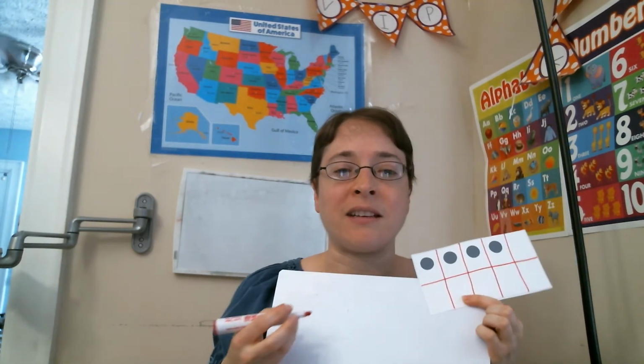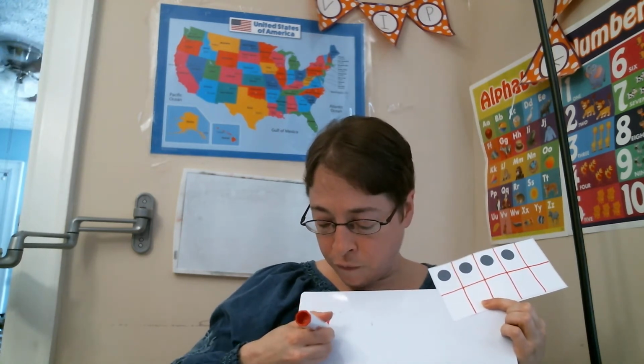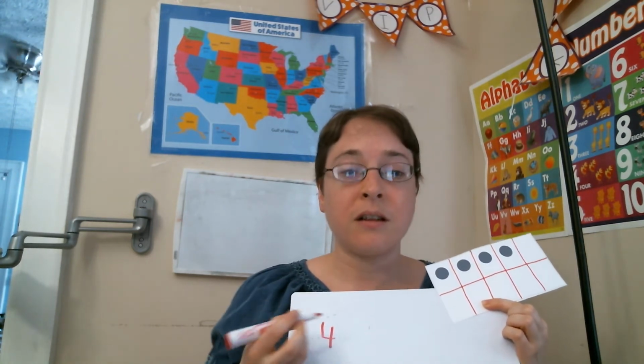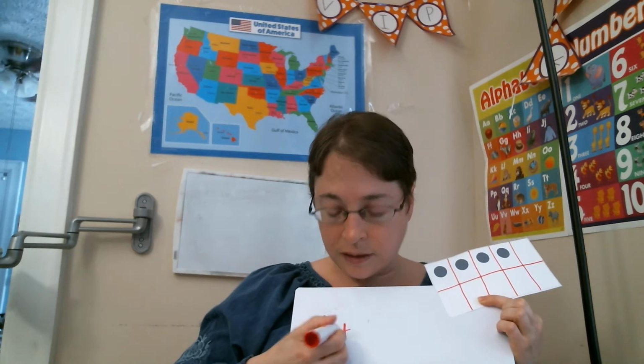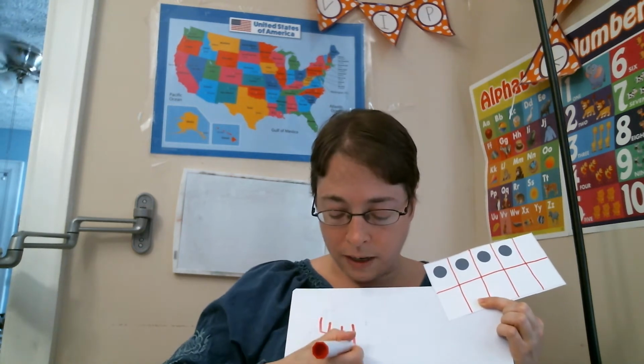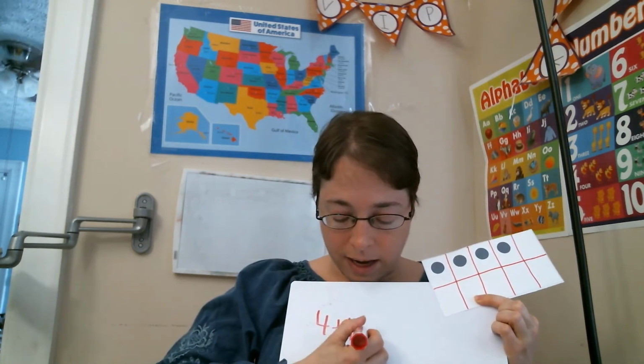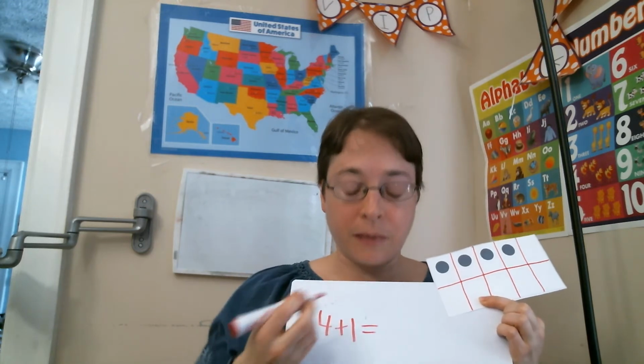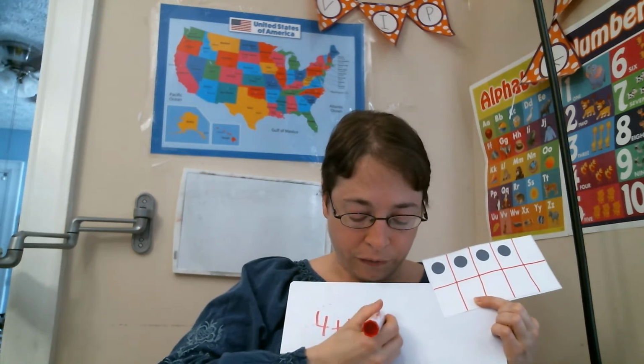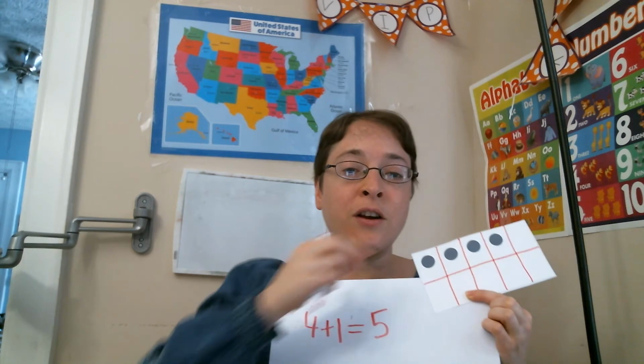So let's write our number sentence together. Okay, so we have 4 plus 1 equals 5. Very good.